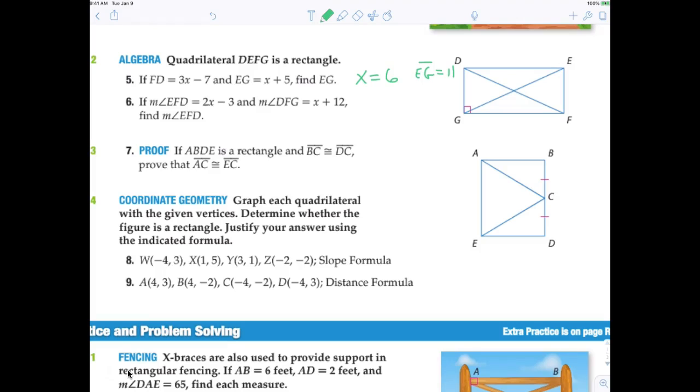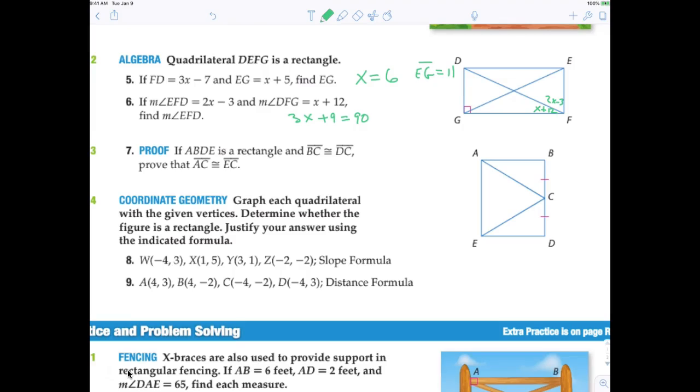All right, now let's look at question 6. EFD is 2x minus 3. And then DFG is x plus 12. So they equal 90 degrees, right? So 3x plus 9 equals 90, right?